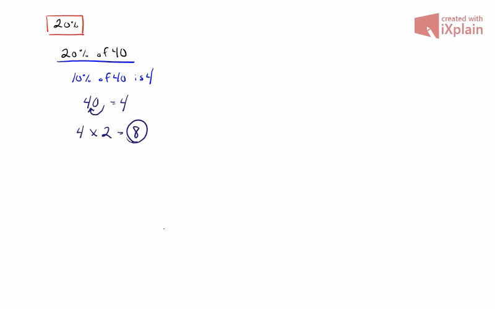If we were to do 20% of 6,200, don't want to forget that word, we could again say, well, I know 10% of 6,200. If I use my shortcut, I could move this in once. That will give me 620.